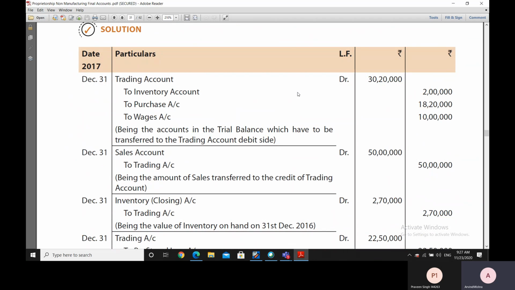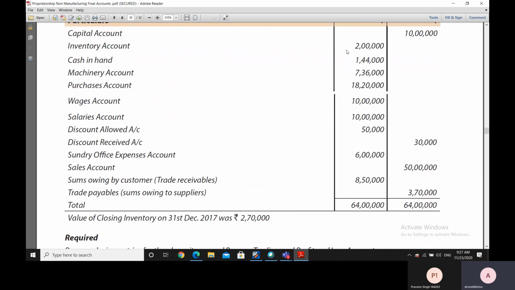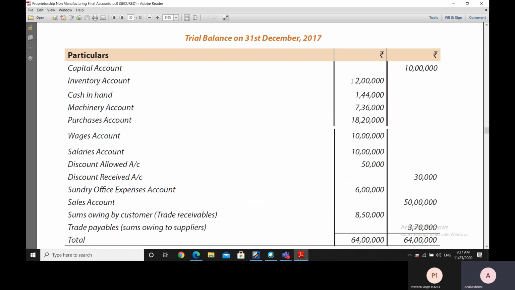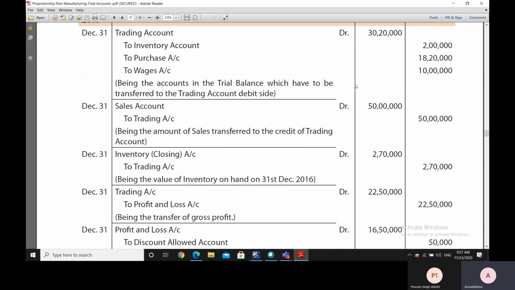So we have credited the inventory that was shown here. As you can see, it is shown on the debit side. So there is a debit balance in the inventory account, and we have transferred it initially to the trading account, and then the closing inventory has also been transferred to the trading account by crediting the trading account.